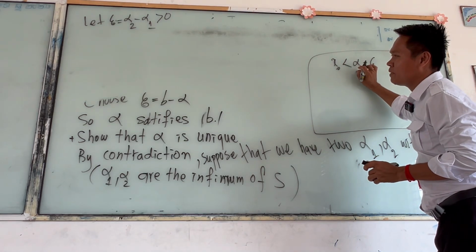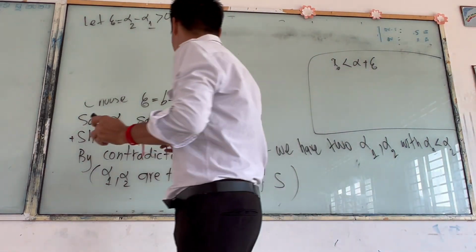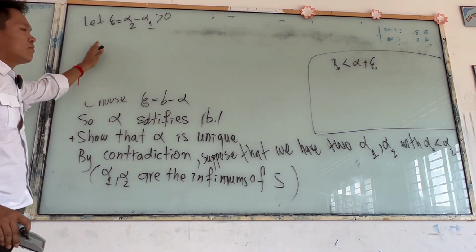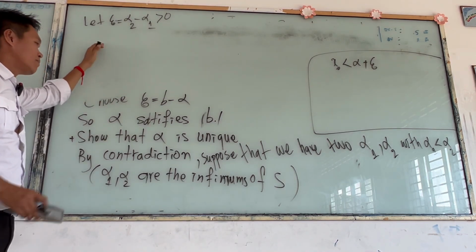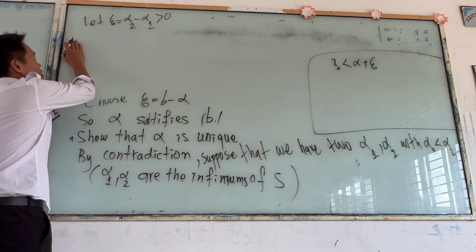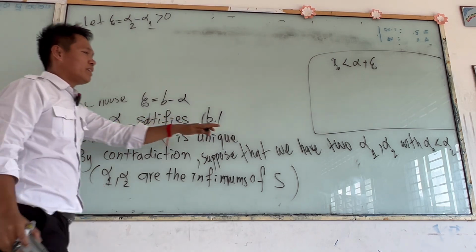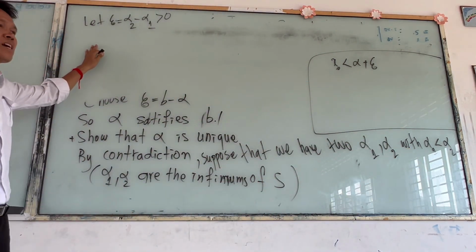Where alpha is the infimum of the set S. And now alpha 1 and alpha 2 are the infimum of S. So alpha 1 and alpha 2 must satisfy condition B also, right? And from this, I just let epsilon equal alpha 2 minus alpha 1. And by the condition that I chose, alpha 1 less than alpha 2, so I get epsilon greater than 0.